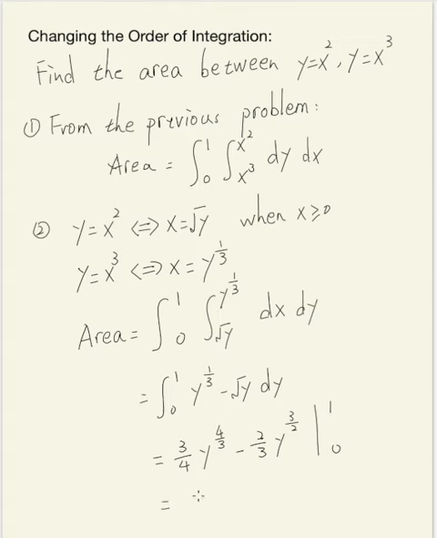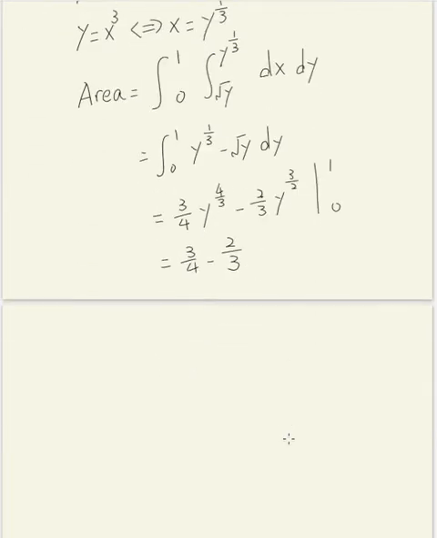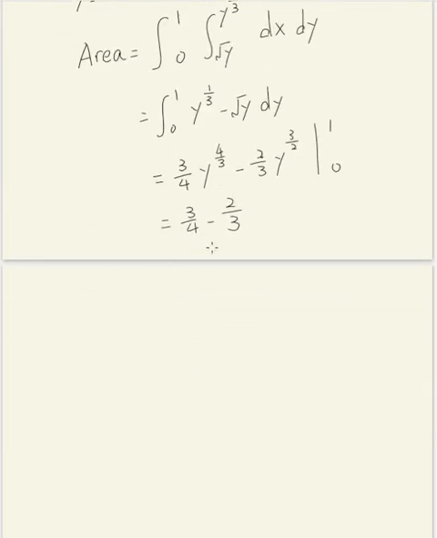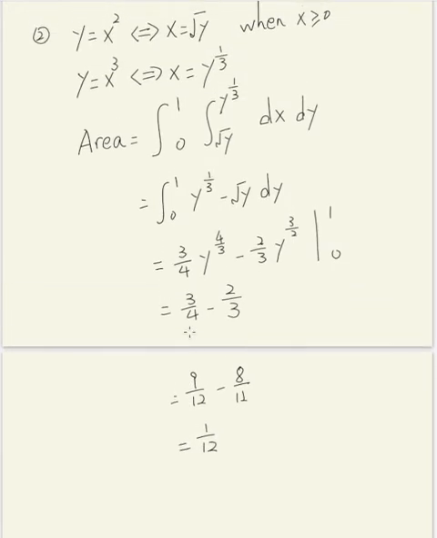Plug it in, you get 3 over 4 minus 2 over 3. Take the common denominator 12, you get 9 over 12 minus 8 over 12, which is 1 over 12. All right, so this is the same as the answer we obtained in the previous problem.